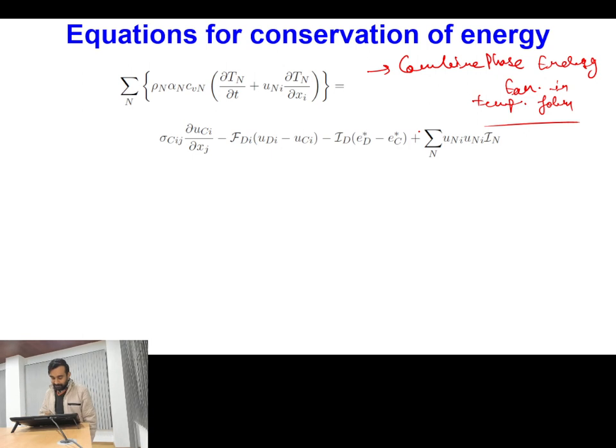Whenever it is written in temperature form, these terms are further reduced. So let me not explain at the moment. We will discuss these terms later on when we deal with the specific cases. Because in generality this may look very unobvious to you. So when we talk about the specific cases, then we will discuss this. Fine.